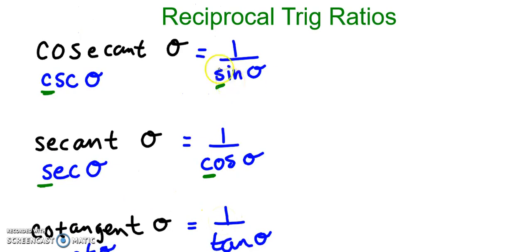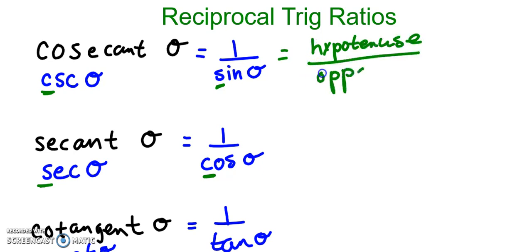All right, so here, if sine was opposite over hypotenuse, that means cosecant would be hypotenuse over opposite. When it comes to cosine, that's adjacent over hypotenuse, so it's hypotenuse over adjacent.